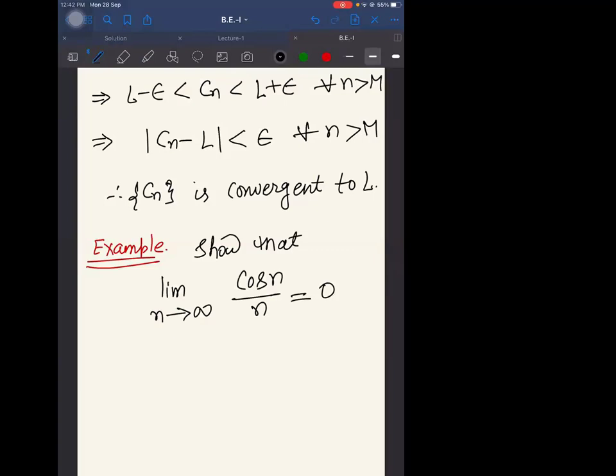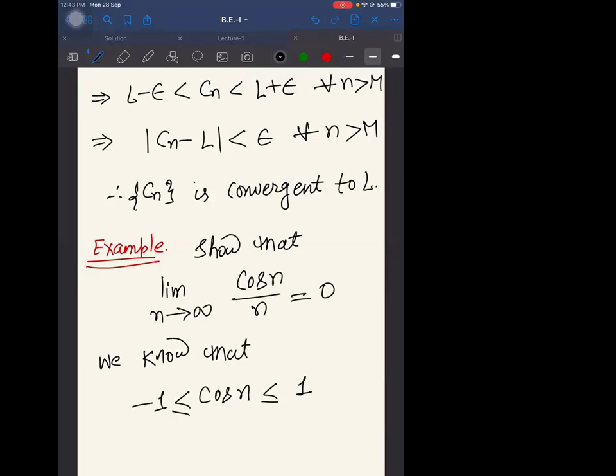So now you know that cos n lies between -1 and 1. Sorry, yeah, -1 and 1, right? True?